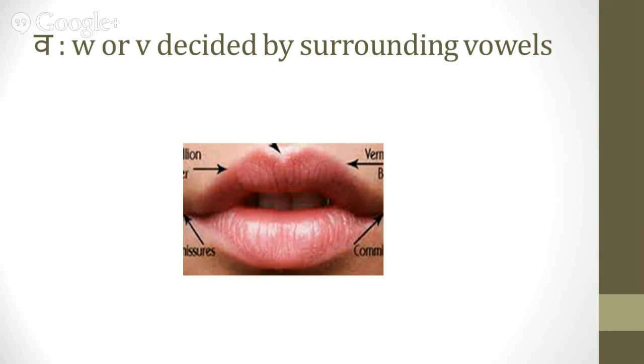If the next vowel takes away from the contact with your teeth, it'll sound more like a W. And if the surrounding vowels make the teeth touch the lip, then it'll sound more like a V. If it makes the lips draw away from the teeth, it'll sound more like a W.